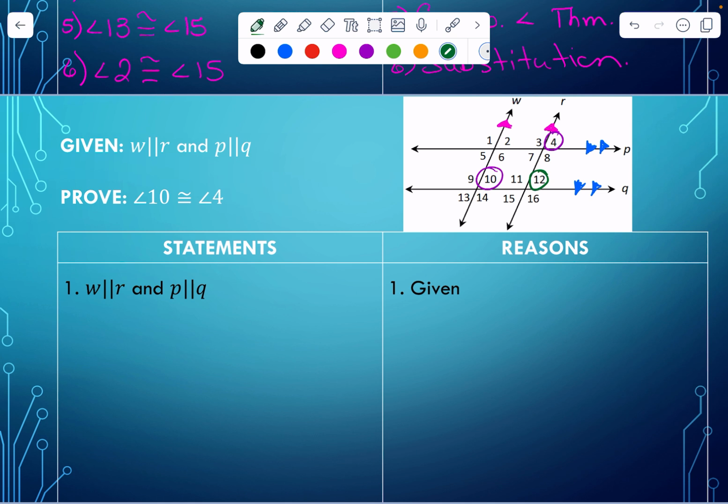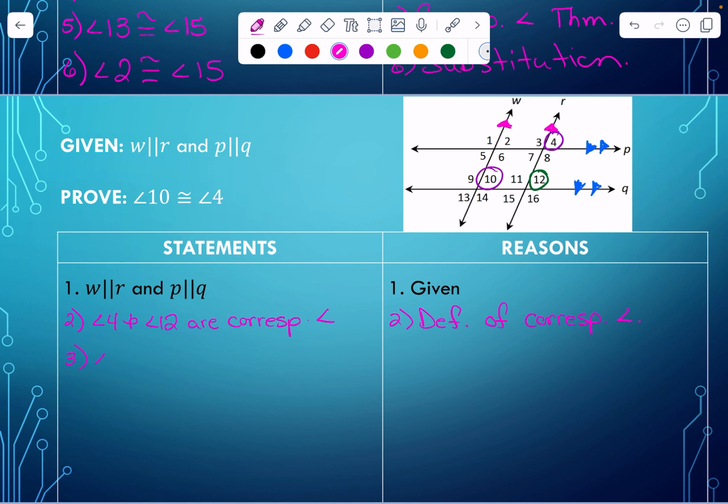So at this point, we're ready to start writing our proof. Number 2, I'm going to get the 4 and the 12 together. Angle 4 and angle 12 are corresponding angles, by the definition of corresponding angles.